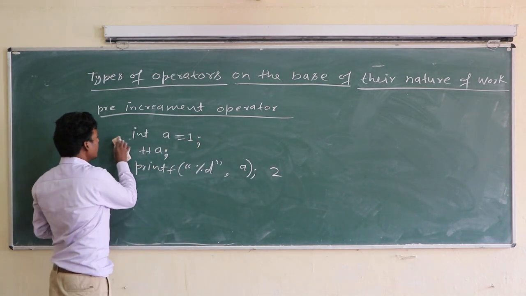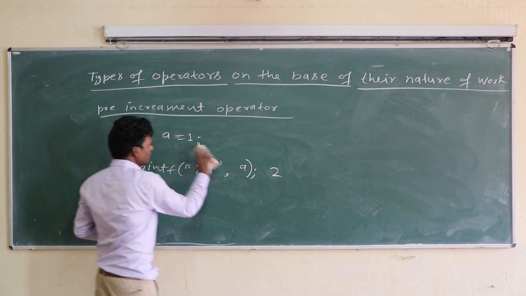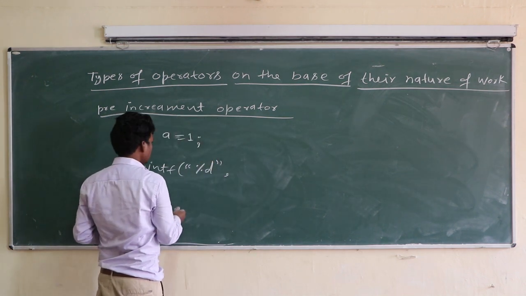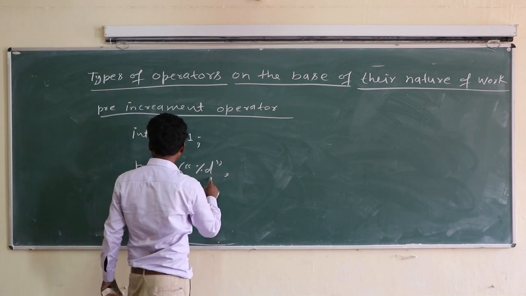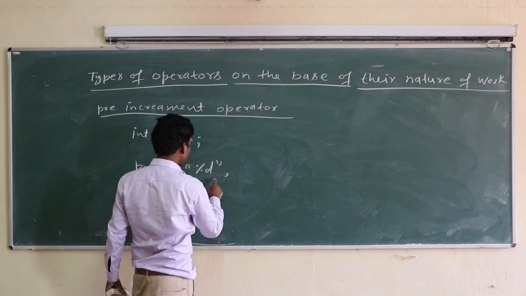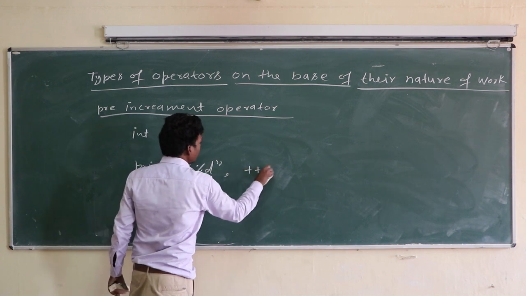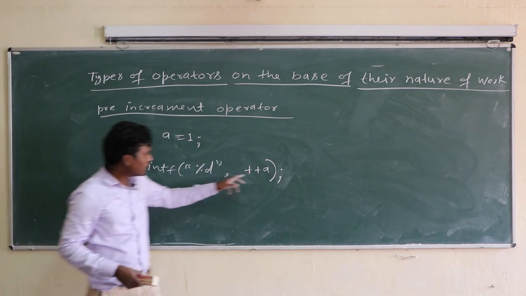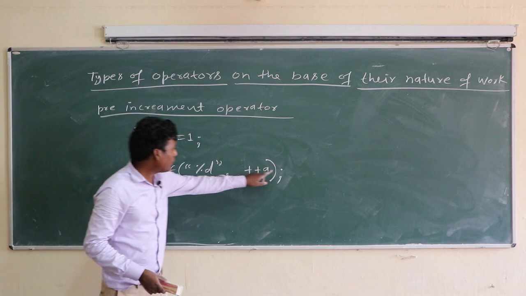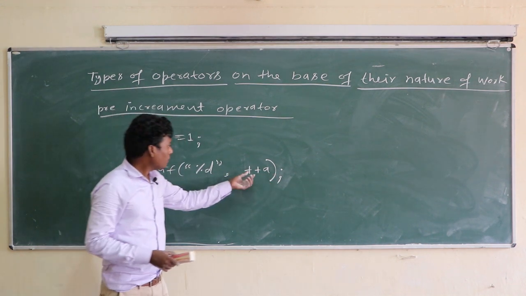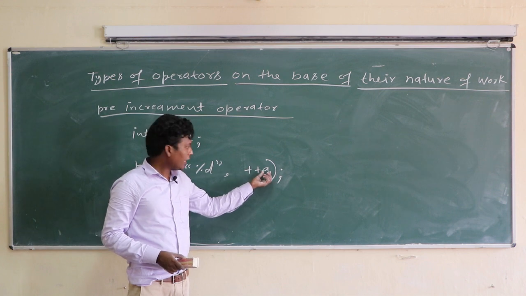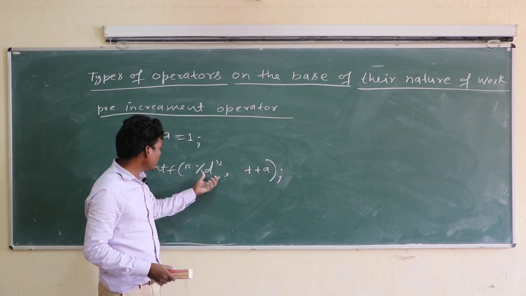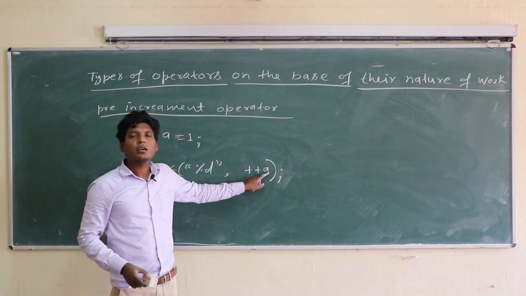Suppose we make some change in the code, with plus plus a inside the printf. The result is also 2, because the statement ends at the semicolon, and before it ends, plus plus a is incremented.